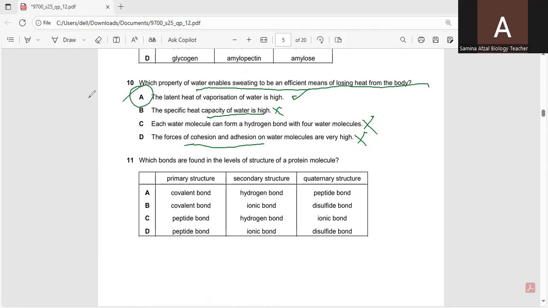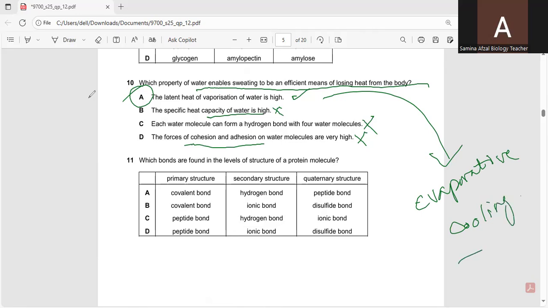This process is also called evaporative cooling.